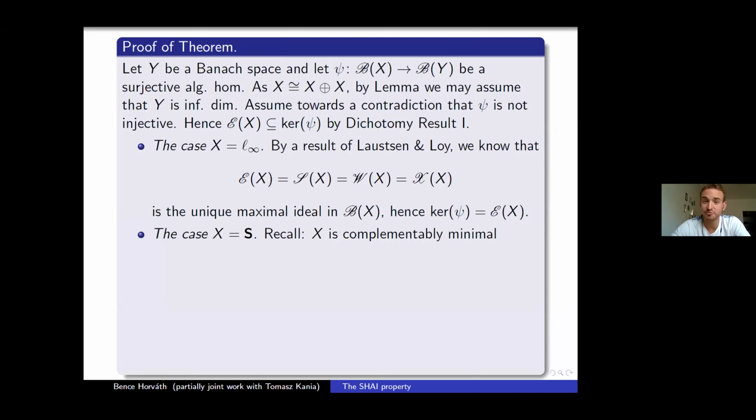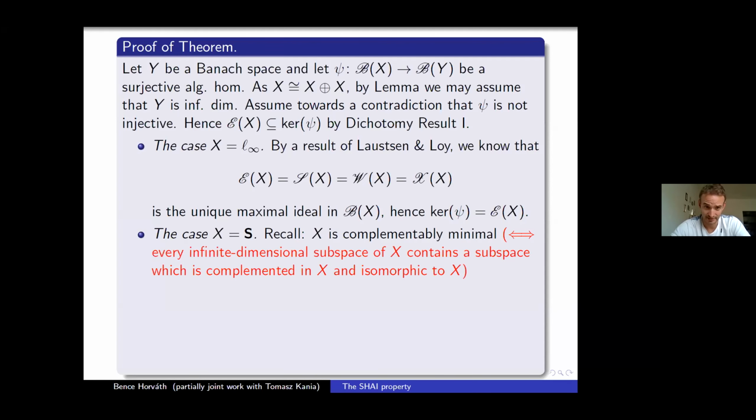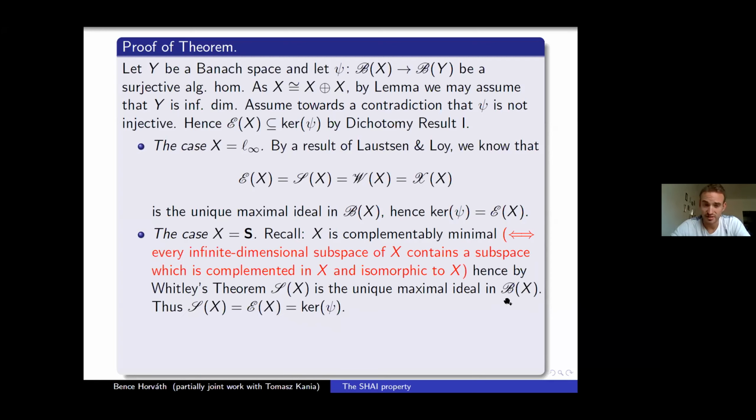This has the nice property of being complementably minimal, by which I mean that any infinite dimensional subspace of it contains a further subspace that's complemented in X and isomorphic to it. So we know by an old theorem of Whitley that the strictly singular operators must be the unique maximal ideal in B of X. Consequently, it coincides with the inessential operators, and it must be the kernel of psi.